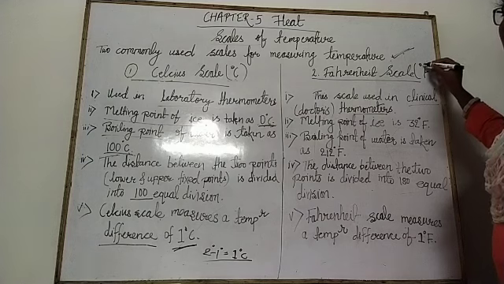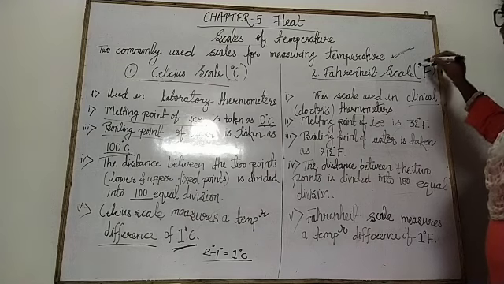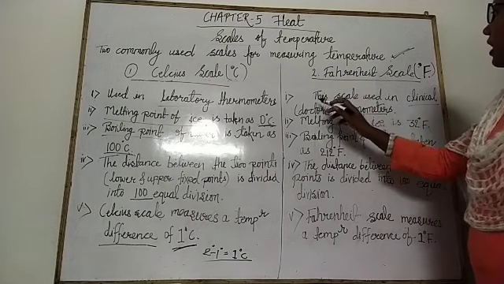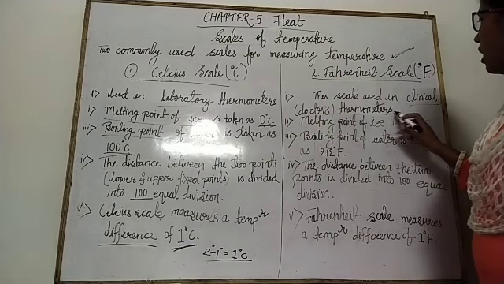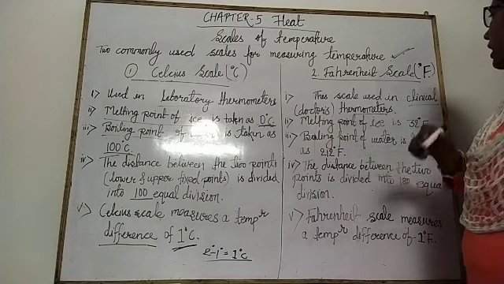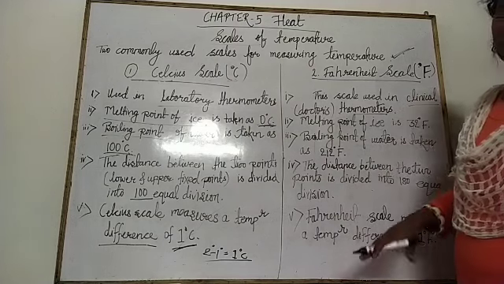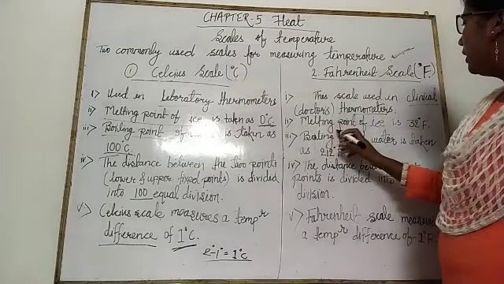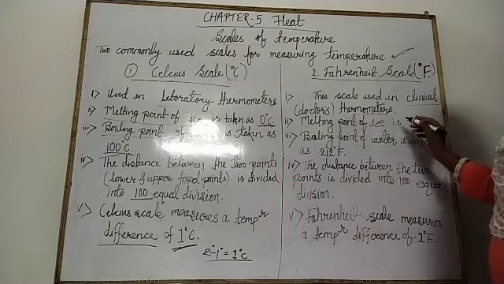We write this in degree Fahrenheit, F, with a capital F. The Fahrenheit scale is used in the clinical or doctor's thermometer in a hospital or clinic, where they measure the temperature of human beings, the human body. The melting point of ice is 32 degree Fahrenheit.